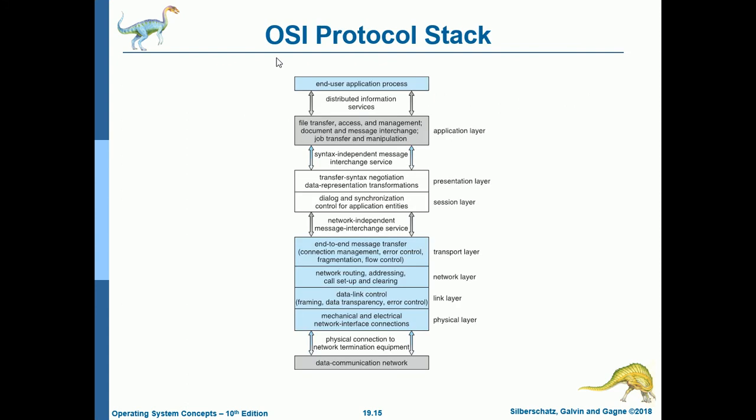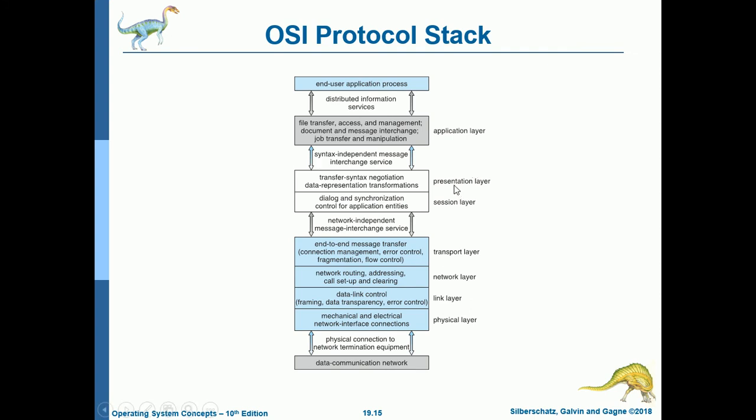Okay, we have the OSI protocol stack. This is where the user interacts with the system, through the end-user application process, and between them are the distributed information services. Inside the application layer, you can do file transfer, access and management, document and message interchange, and job transfer and manipulation. Between the application and presentation layers is the syntax-independent message interchange service.